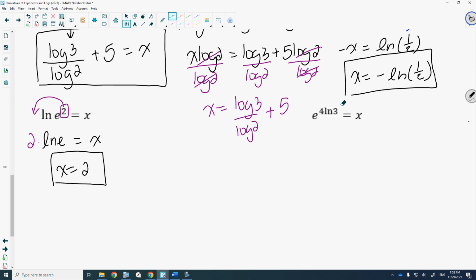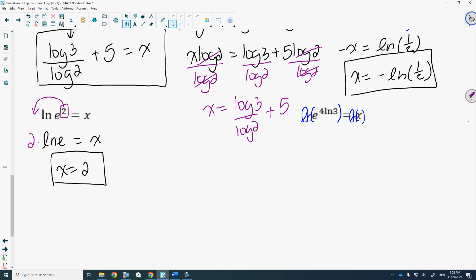Yes, I'm going to natural log both sides. If there's an e, you want a natural log, because the natural log of e is 1, right? So if there are e's involved, we're going to natural log. So we're going to natural log this, and we're going to natural log x.